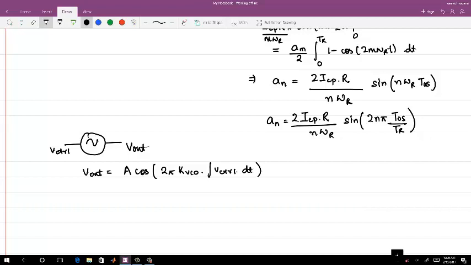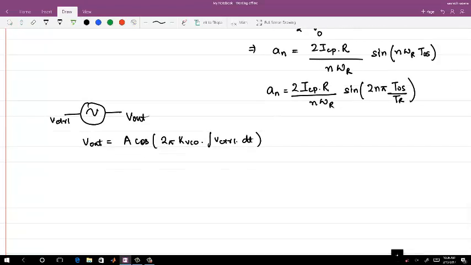If you consider V control with all the harmonics, that becomes a complicated function. You can do that and find the magnitude of the higher harmonics, but let's consider only the first one. So A cosine 2 pi kVCO, and we have to assume there is some DC value V0, the free running frequency or whatever required frequency for locking.